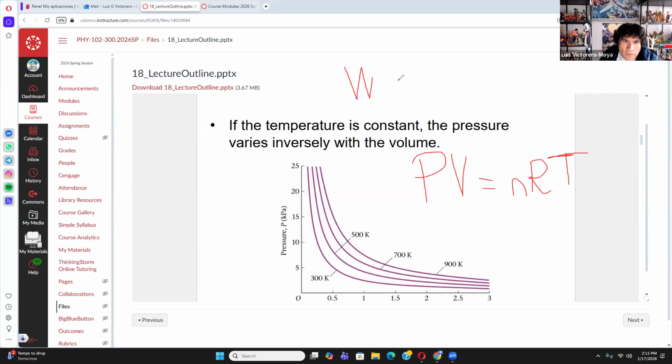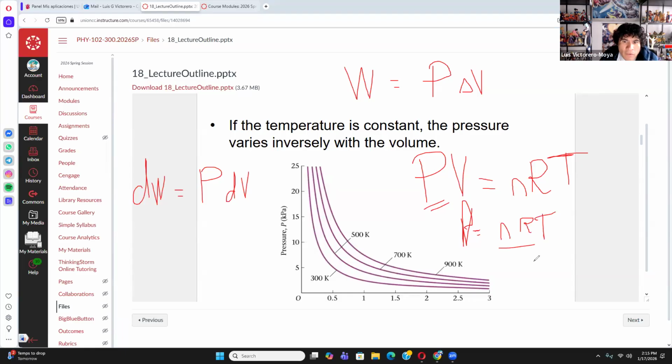Now we know work is P delta V. Now in calculus, we can say that dW, the differential of work, is P dV. Now P is nRT over V.